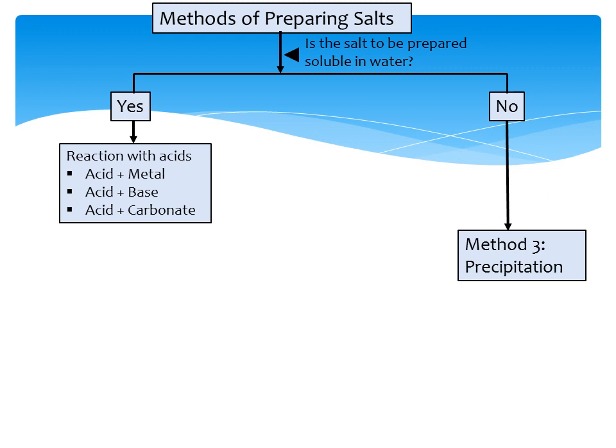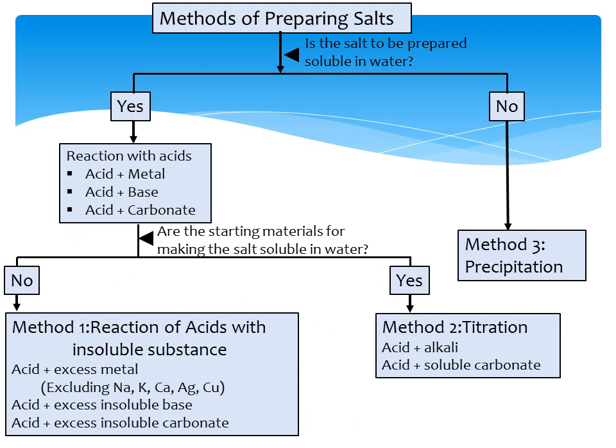For example, if I say no, it means that we are going to prepare an insoluble salt by the method of precipitation. In this method, we take a combination of 2 soluble salts, and they react with one another to give one insoluble salt and another soluble salt.